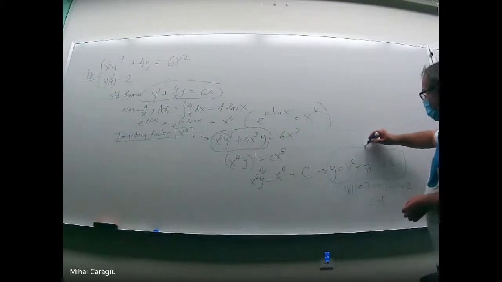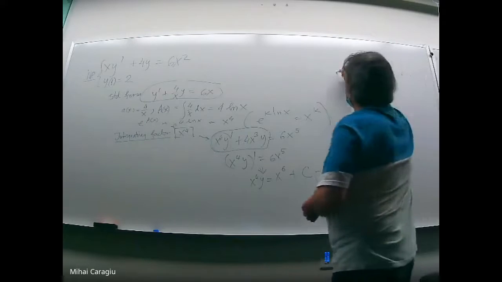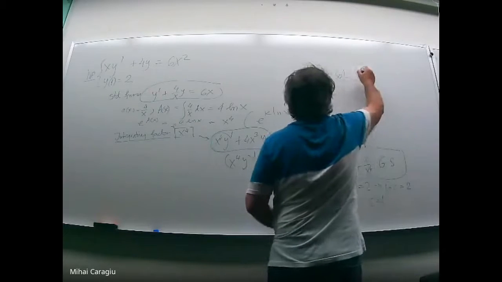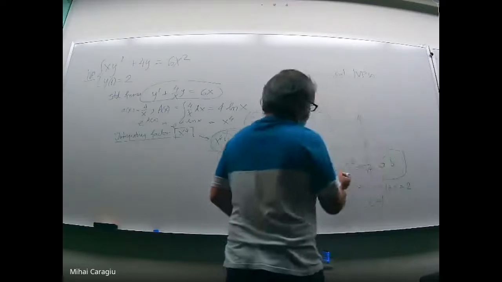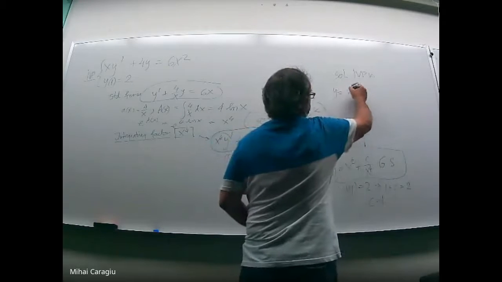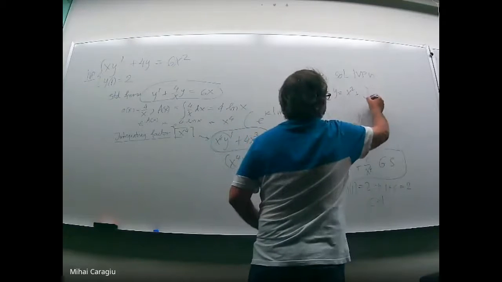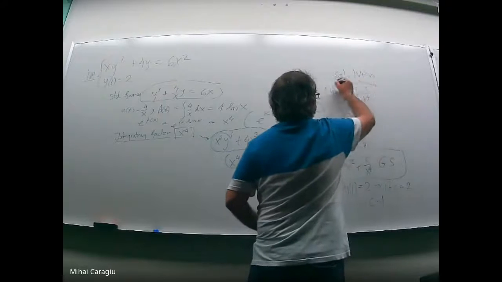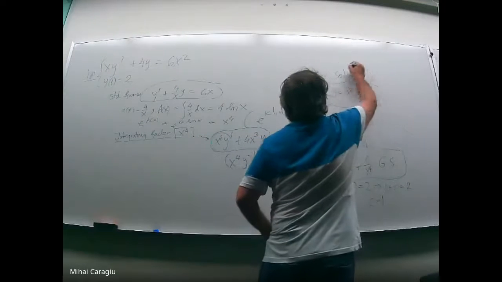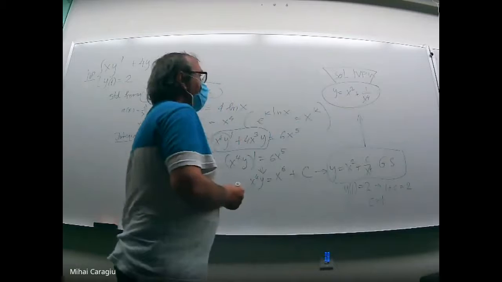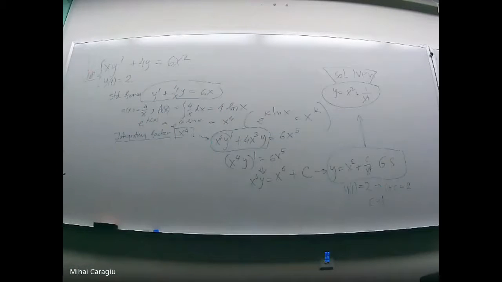And finally, this implies the solution of the IVP is y equals x squared plus 1 over x to the power 4. It's a very good example of a linear first order differential equation.